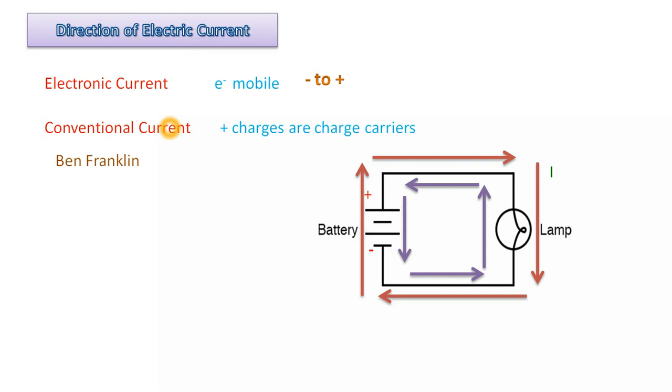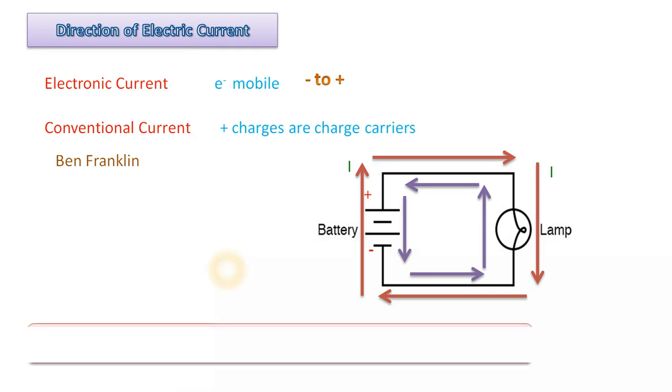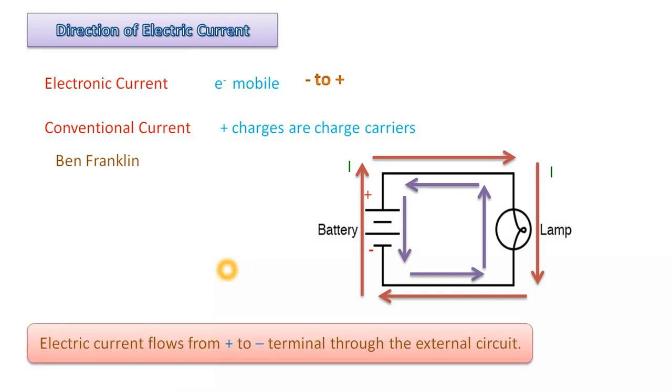That is why a standard was set, and that standard was that the direction of electric current is going to be the direction of conventional current. So the convention given by Ben Franklin was followed, and we say that electric current flows from the positive terminal of the battery towards the negative terminal of the battery through the external circuit.